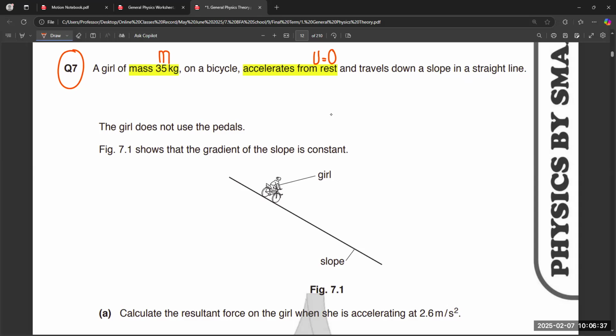And the girl does not use the pedals. So she is not using pedals. And also the gradient, the slope of this whole path, is constant because it is a complete straight line.